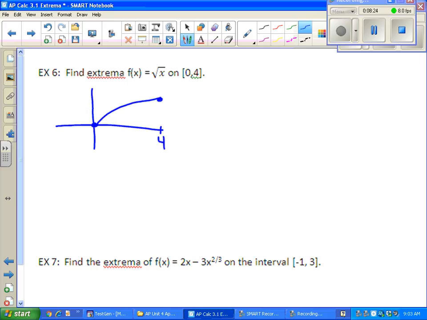What is my absolute max and min? If I'm given something on a test or a quiz and I know what it is, I know that right here is going to be my 0, 0 point, and that's my absolute minimum. And this one up here is 4, 2. So 4 comma 2 is my absolute max.